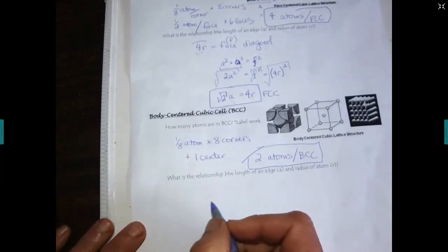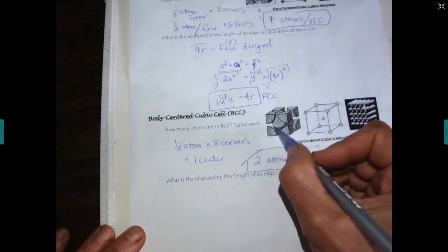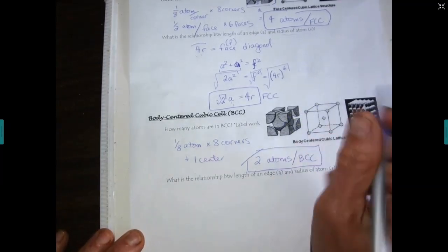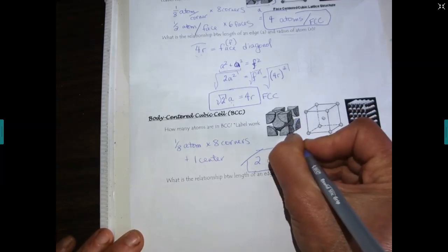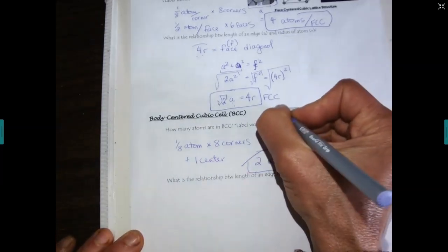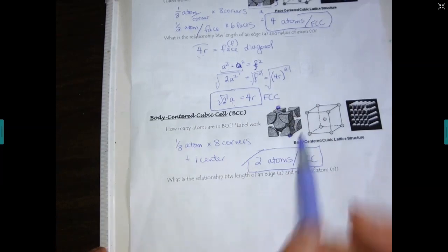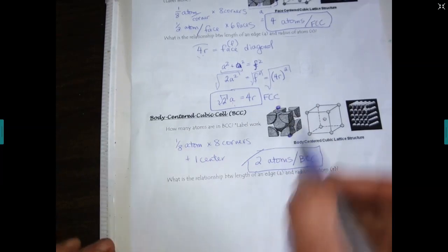We're going to do the relationship, and this one's pretty funky. They don't touch along the edge, and they also don't touch along the face. Where the atoms touch is if we go from this corner here to this corner back here. All right. So we're going to do the real Pythagorean theorem, because Pythagoras was actually really good.